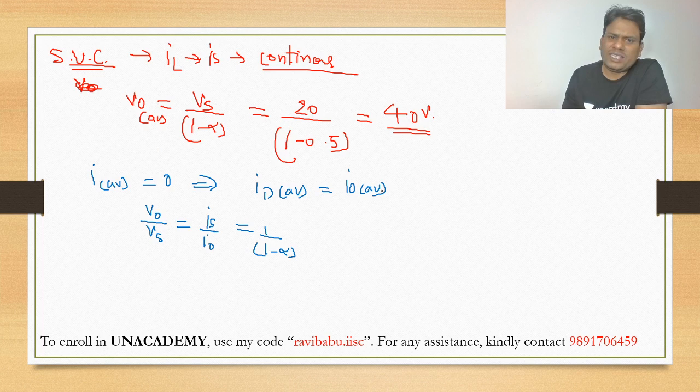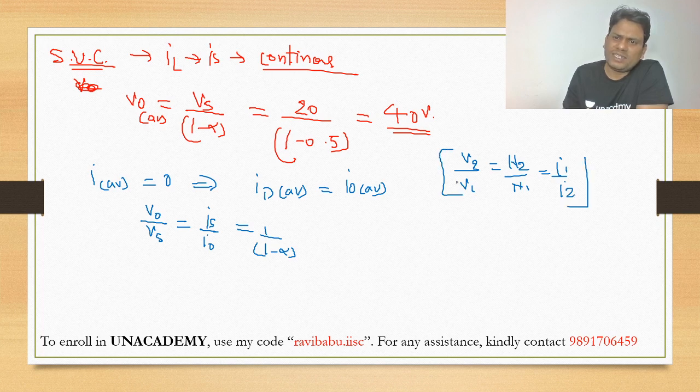Similar to the transformer, where we write V2 by V1 is equal to N2 by N1 is equal to I1 by I2, the same equation we are following here because input power equals output power, approximately, when we are not considering any loss in the converter.